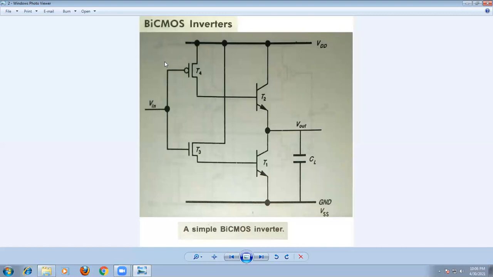In NMOS technology, we require only 2 transistors, both N channel only: one is a depletion mode transistor, the pull up, and the other is an enhancement mode transistor, the pull down. Similarly, in CMOS technology, we have 2 complementary transistors, a P channel and an N channel. The P channel behaves like a pull up and the N channel behaves like a pull down. Here also we are using only 2 transistors.